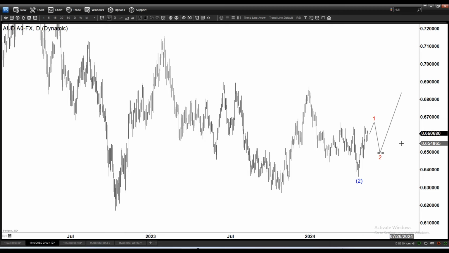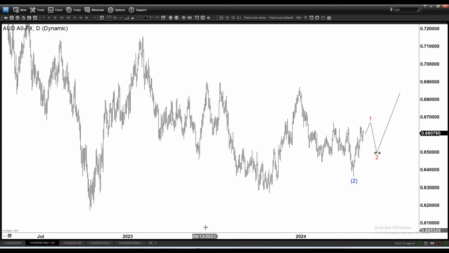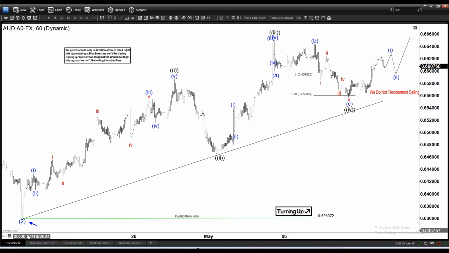Now what I want to show you guys here in the daily is there are 2 possible options for the Aussie dollar, and let me give you what I think is the one that is going to play out, which is our primary view, right? Our primary view actually is bullish.